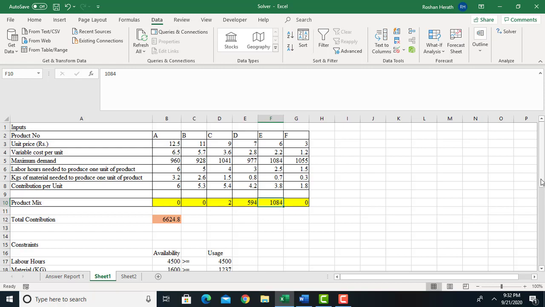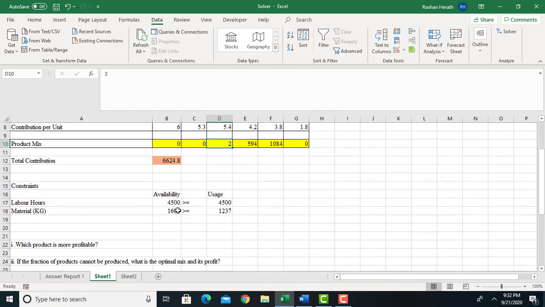So obviously, product E is going to be the most profitable product. You gave the priority to product E and went for the maximum number you could do, and thereafter, depending on the remaining resources, you tried out the rest of the products. So the most profitable product is product E.